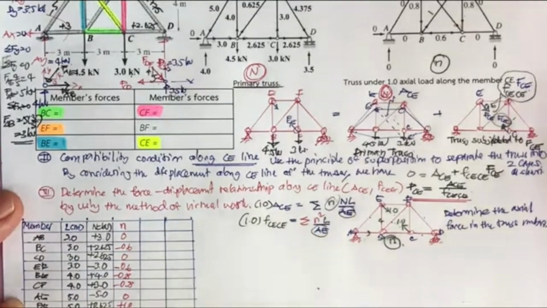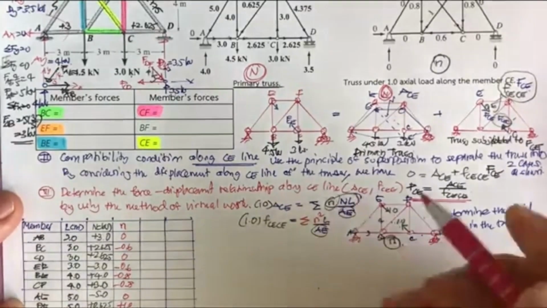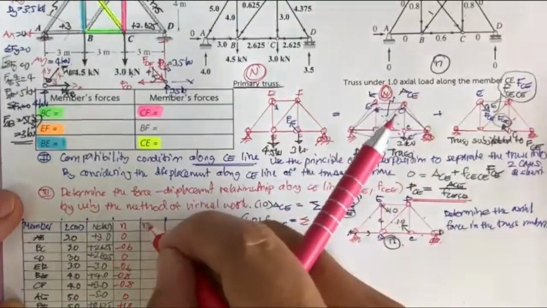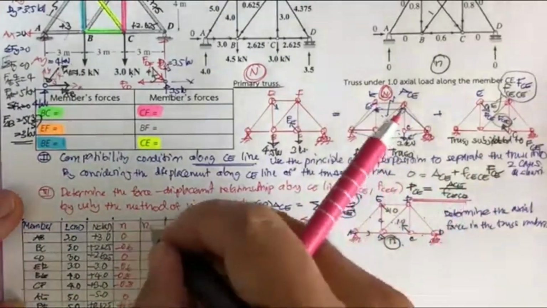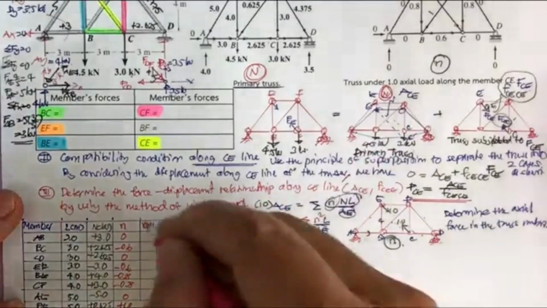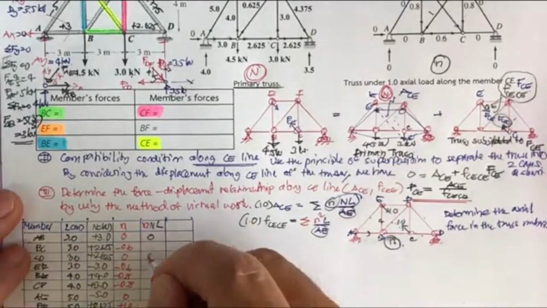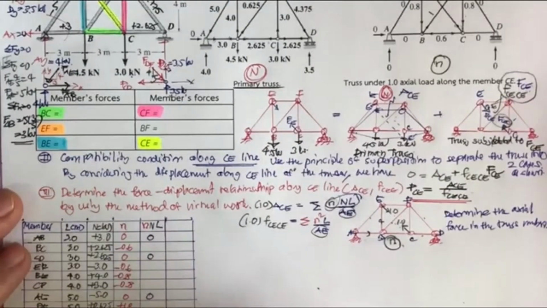Now from this one you have small n, capital N, and L. Anything that you multiply by 0 is 0, so this is 0, 0, 0, 0, and this one also 0. That helps you in the calculation a lot.